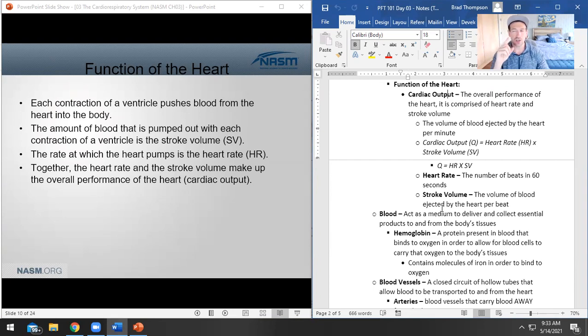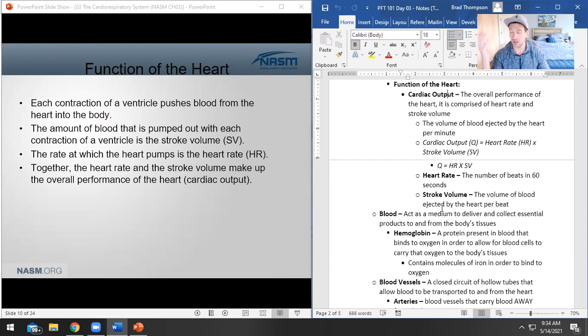But let's say your heart gets a little bit stronger, right? You still need to deliver 50 units of blood, but now you are pumping, let's say, 13 milliliters of blood instead of 10. Now in 4 beats, you're going to end up delivering 52 units of blood, and you got it done in only 4 beats instead of 5.